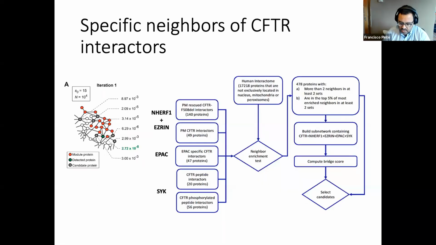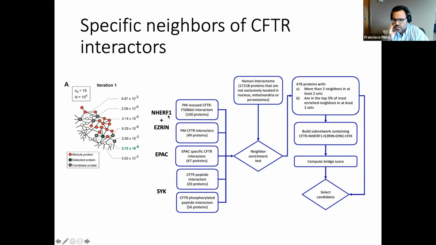So they performed some parallel experiments where they characterized the protein interactors through co-immunoprecipitation experiments, and then identified the proteins by mass spectrometry.